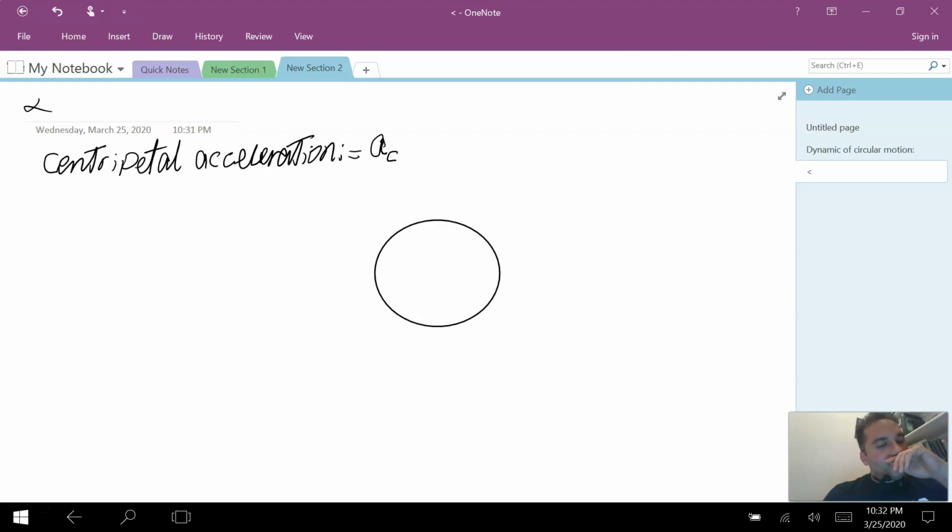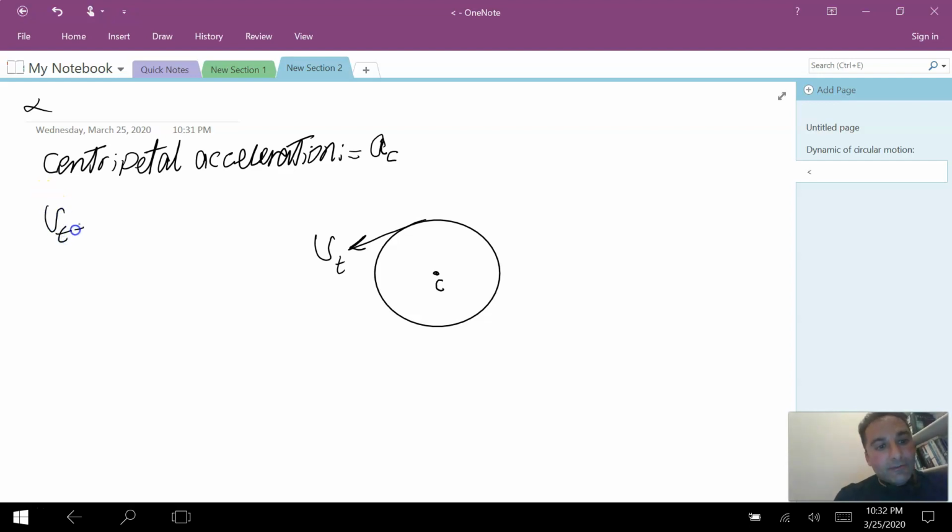Look guys, when an object is rotating on the circle, we 100% have tangent velocity. Let's assume this tangent velocity is constant.